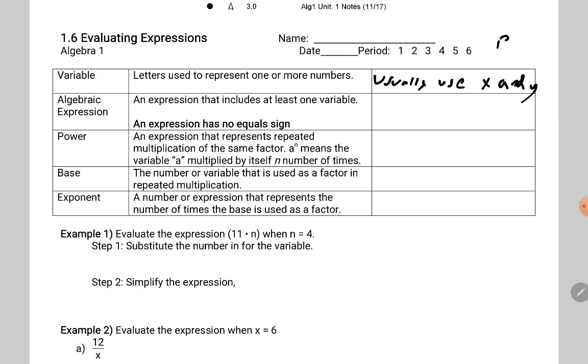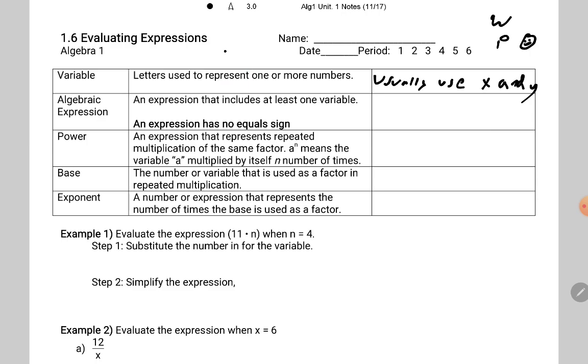But we can use p, we can use a smiley face, we can use w. It doesn't matter what we pick for our variable, but we usually use x and y. And once again, that's why we're no longer using x as multiplication, we're just using the dot.